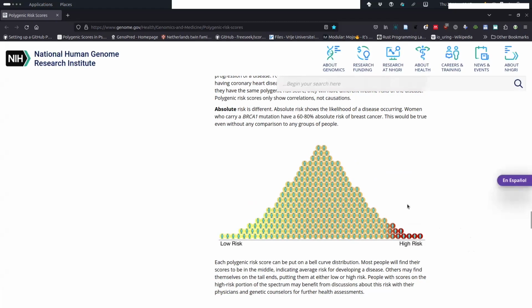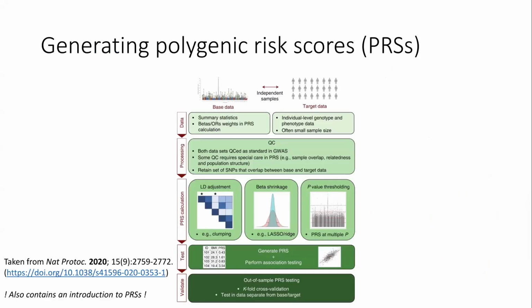And of course, if you know what the population average is, you can determine for an individual if they are on the right-hand side of the distribution or on the left-hand side.